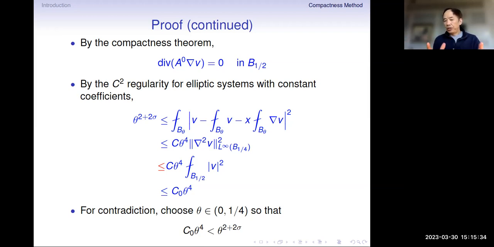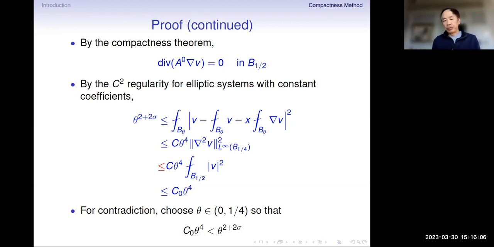The L2 derivative is controlled by the average of the solution, so you have theta to the power 4 there. And then we know that the L2 average on B1 half is bounded because the average on B1 is already bounded, so you have a C0. All right, so now what you do here is look at both sides. On the left-hand side, I have a power 2 plus 2 sigma, and sigma is less than 1. On the right-hand side, I have a power 4.